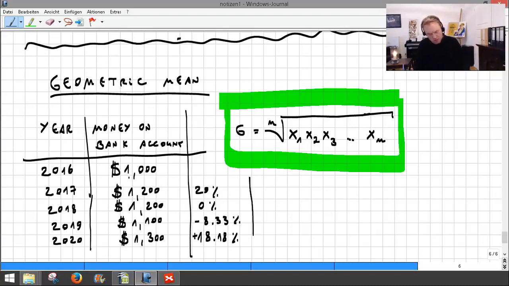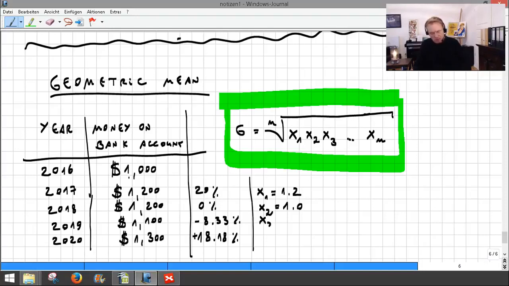The following holds true. An increase of 20% gives x1 of 1.2. The increasing factor x1 is 1.2. The second, x2, is 1.0, because there is no increase at all.